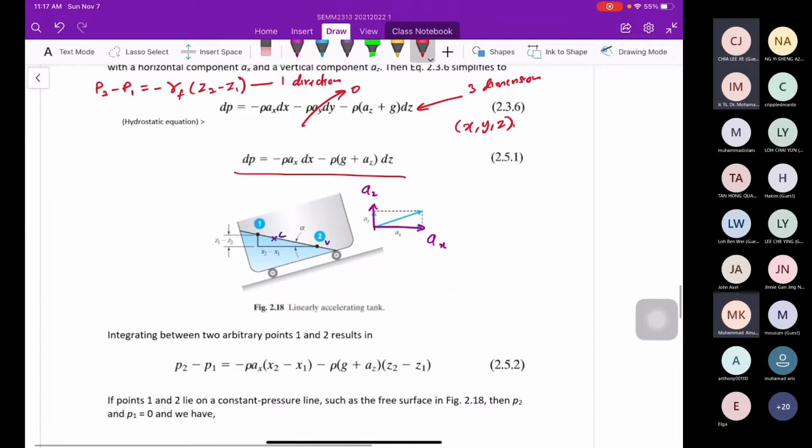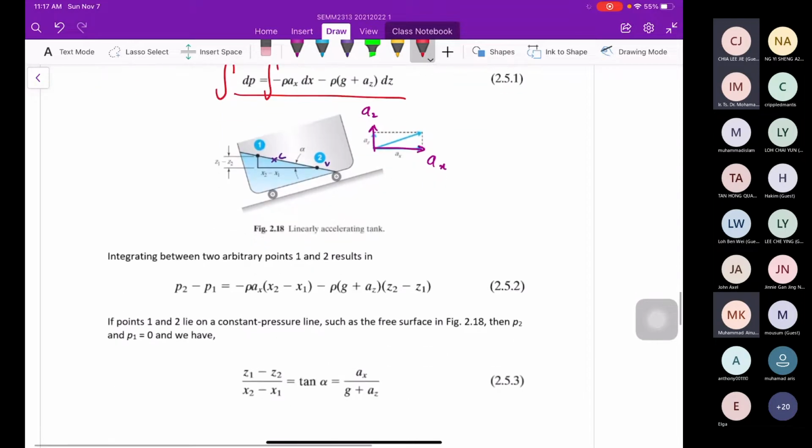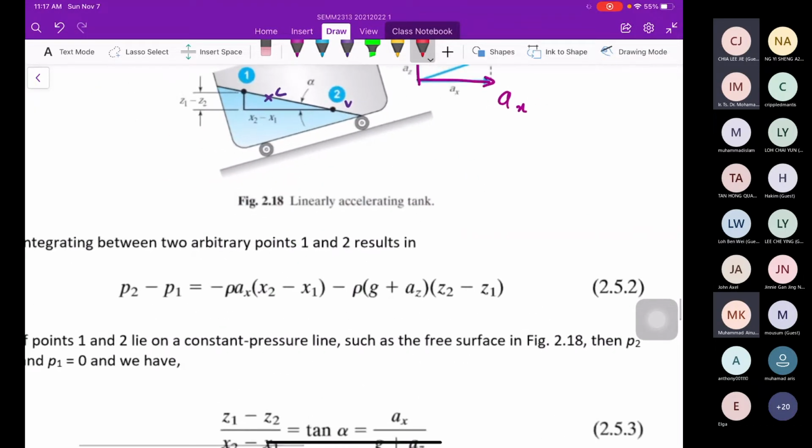So integrating this equation, you will end up like this. The same hydrostatic equation: P2 minus P1 equals negative rho AX times X2 minus X1. This is X2, referring to P2. This is X1, referring to P1. Very simple.